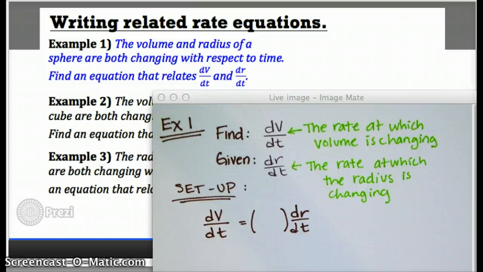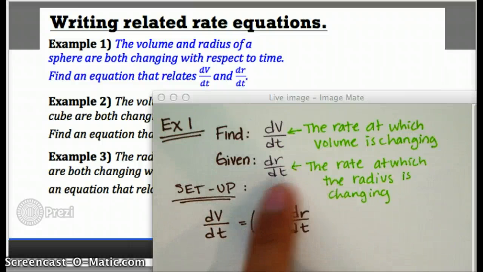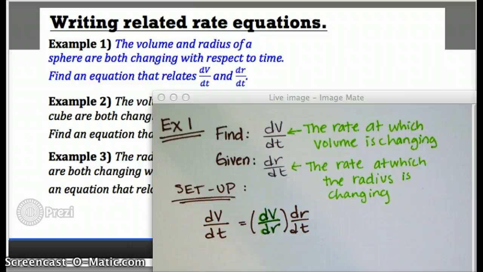And as we discussed on the last slide, I can think about what that something is almost like I do units in chemistry class, where you want ultimately volume to end up on the top of this expression and time on the bottom. In other words, the thing I need to multiply in the middle is dV/dr. What does dV/dr represent?